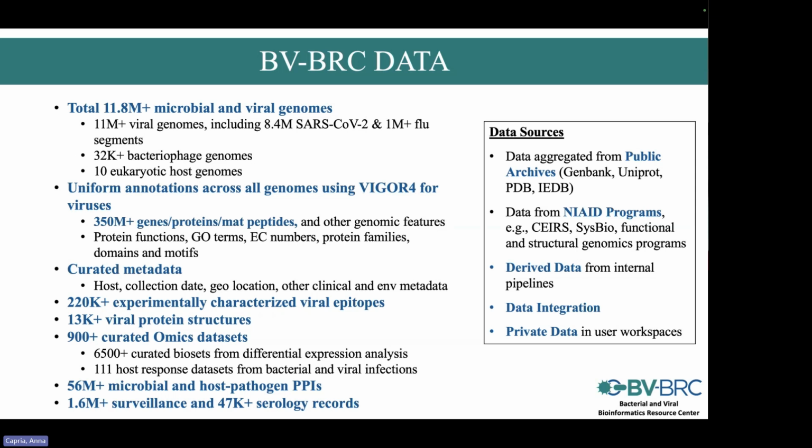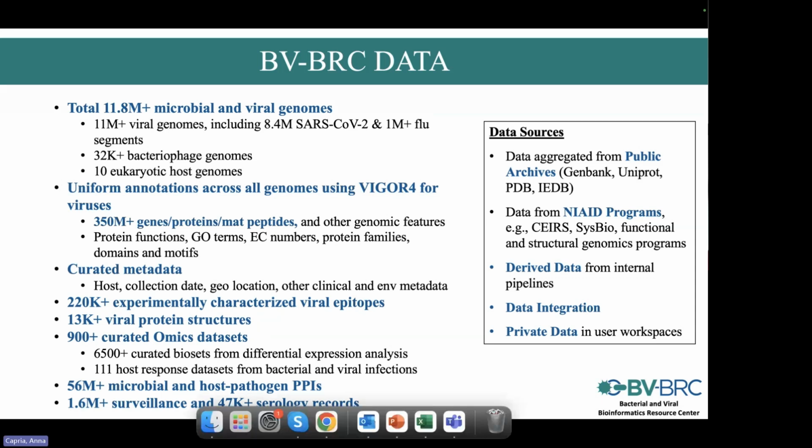We have over 220,000 experimentally characterized viral epitopes, 13,000 viral protein structures, 900 curated omics data sets, and 56 million microbial and host pathogens, protein-protein interactions, and over 1.6 million surveillance and 47,000 serological records.